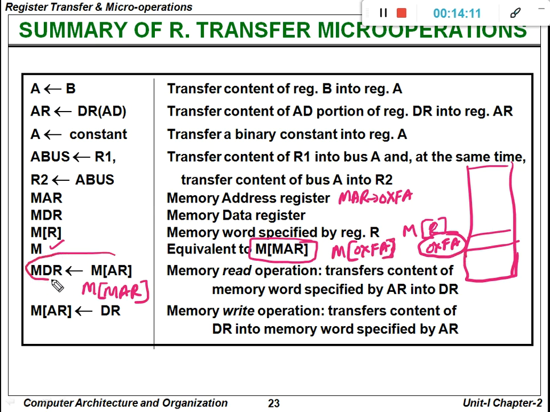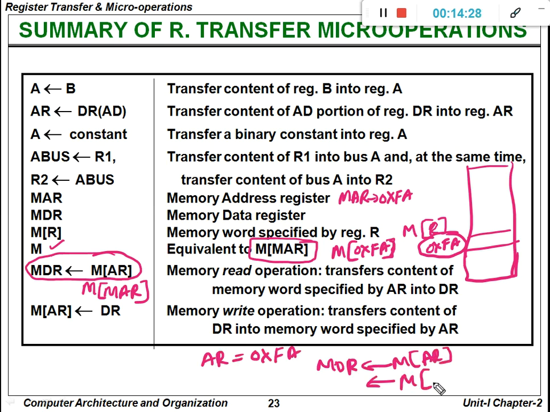So this statement means, assume that AR is equal to 0xFA, then MDR assignment M of AR is going to fetch the value that is stored in 0xFA. For example, if this address location has a value of 55, then it is going to fetch the value 55 and store it in MDR. So this operation is called the memory read operation.